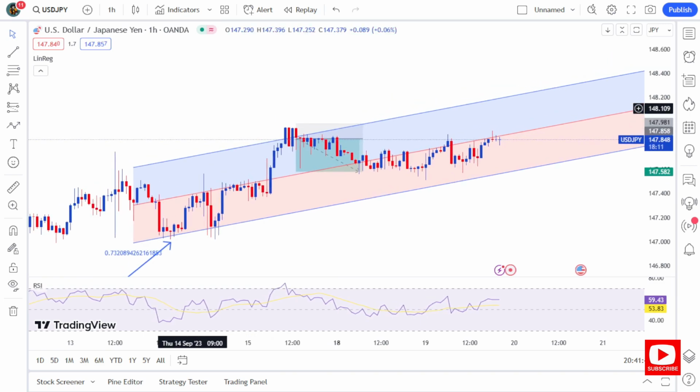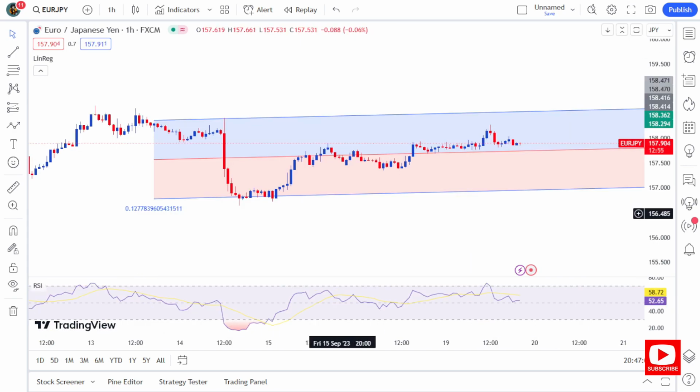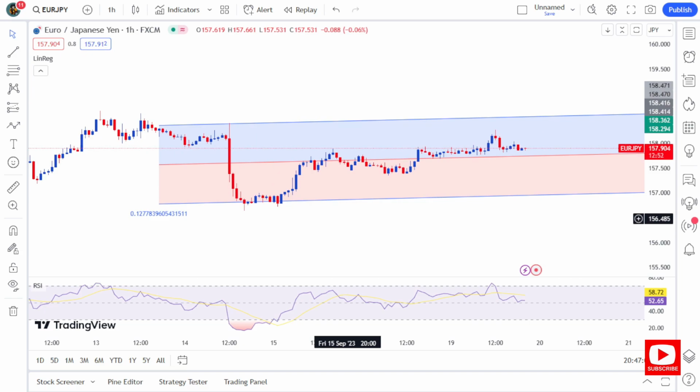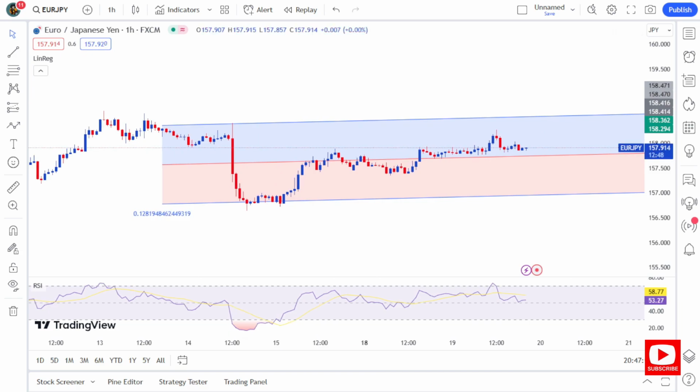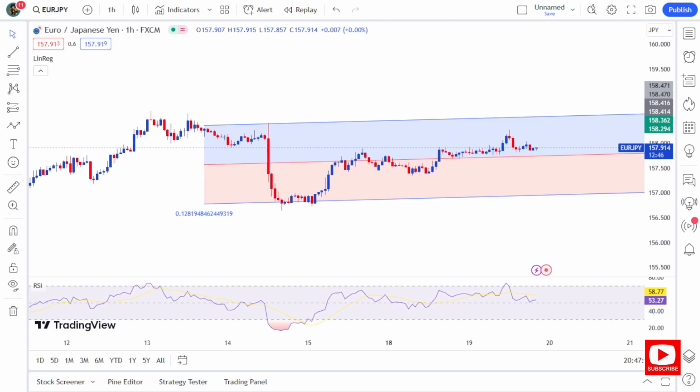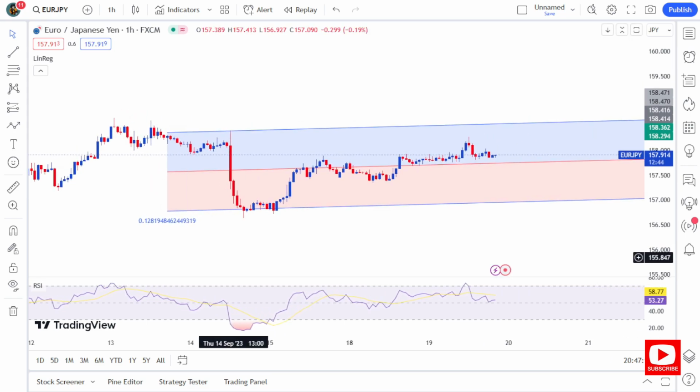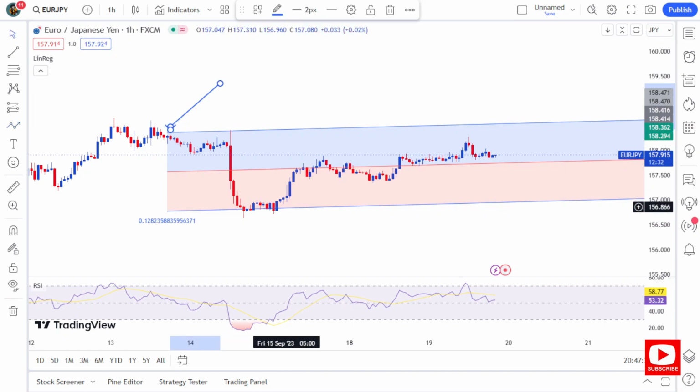Now let's look at a buy example using this linear regression channel. On an entirely different chart, which is the EURJPY 1 hour time frame, the linear regression channel showed us a price movement from the anchor point, which is this swing right here, indicating a downward movement.